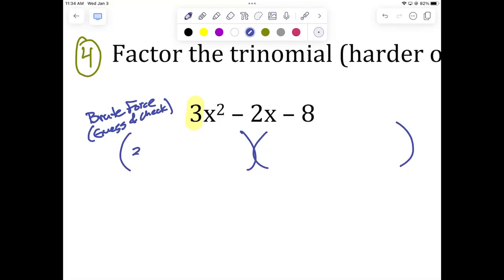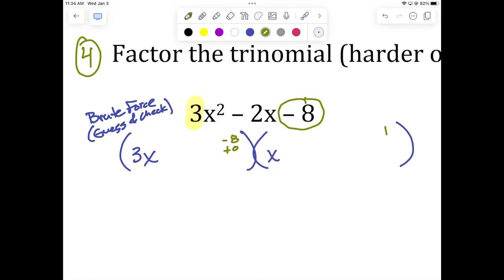So you could automatically put one of them as 3x and the other one is x. It doesn't matter which one is which at this point. But now here's the deal. Now I got to look for factors of negative 8 that when I combine them with the 3, give me negative 2. And unfortunately, negative 8 has a couple of ways to factor, right? So watch. This could either be a negative 8 and a positive 1.